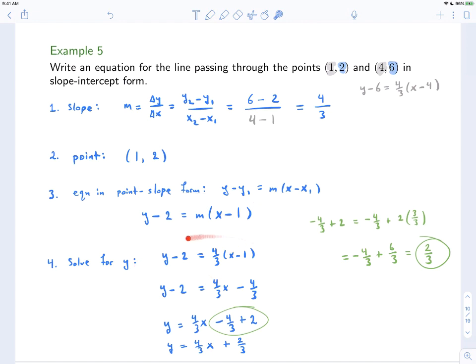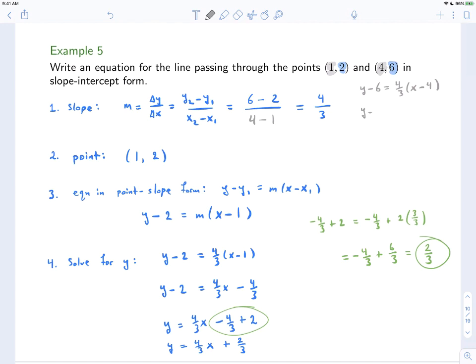So we have y minus 2 equals 4/3 times x minus 1. And here we have y minus 6 equals 4/3 times x minus 4. So you might think that this is a different equation, but it's actually the same, and we can see that by solving for y. If we take this equation and write it in slope-intercept form, then we should end up with the same thing. So let's just go ahead and see if that works.